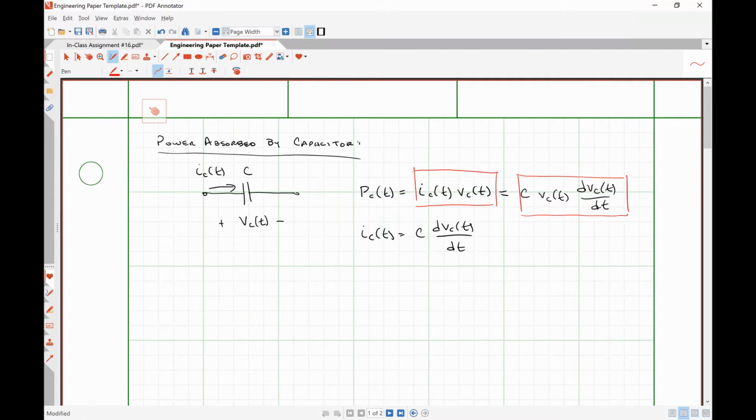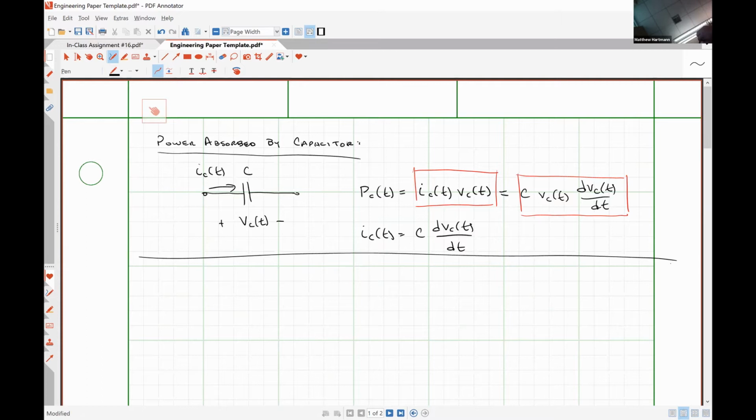And then I guess just for the next one, for the inductor: which of the following equations correctly relate current and voltage in an inductor? Alrighty, so for an inductor, with a value of L, there's some voltage drop VL of T across the inductor and some current IL of T flowing through the inductor.